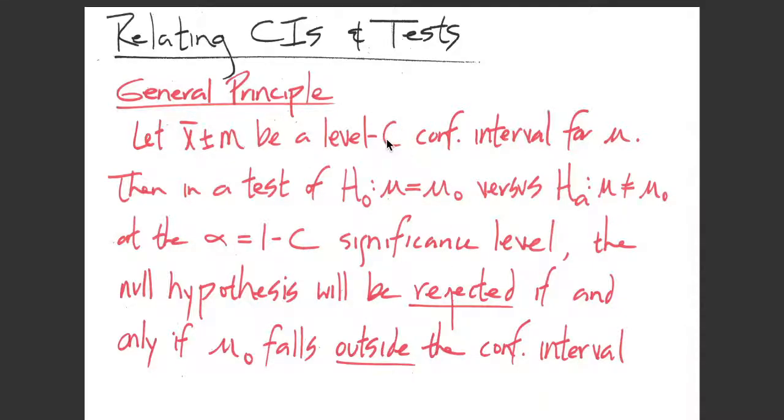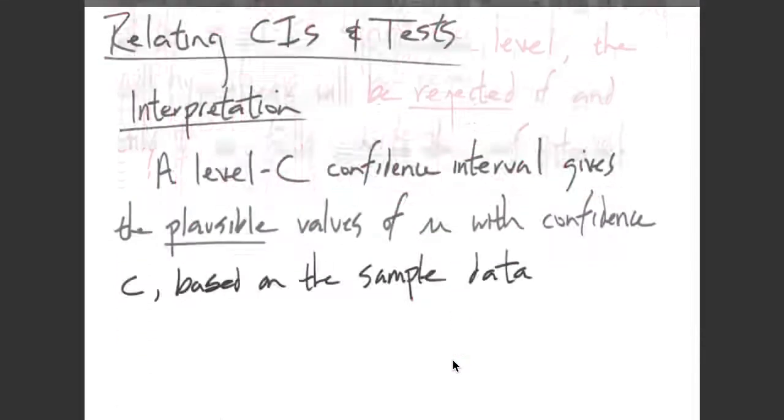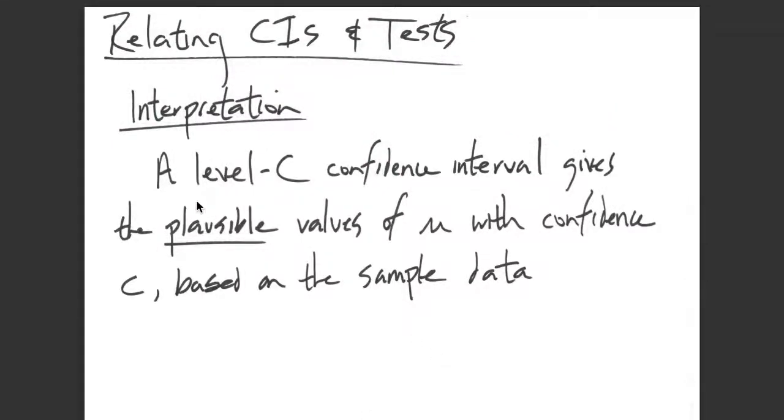So for instance, if C is 95%, alpha would be 5%. If C were 10%, alpha would be 90%, and so on. Then the null hypothesis will be rejected if and only if that null value in the null hypothesis falls outside the confidence interval. And the interpretation of this is really pretty straightforward.